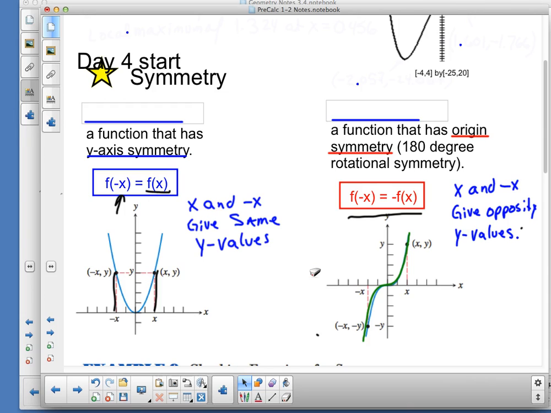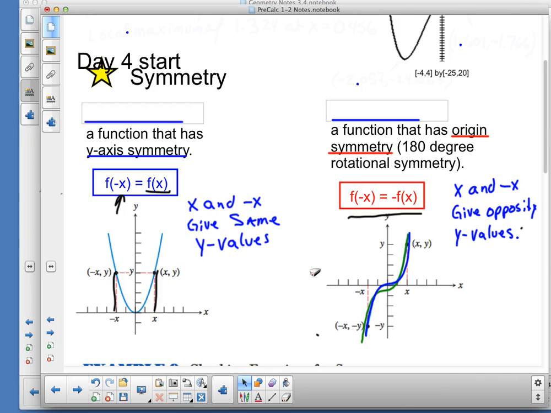If I take my function and rotate it 180 degrees, I bring it back to the blue, and it will have point symmetry. So point symmetry is a 180 degree rotation about the origin.